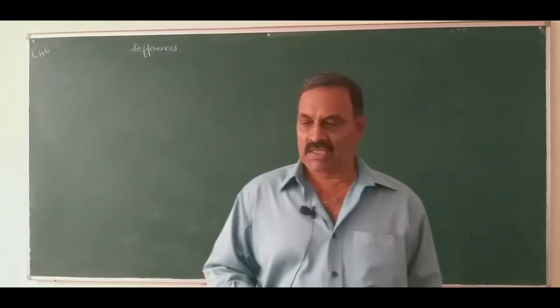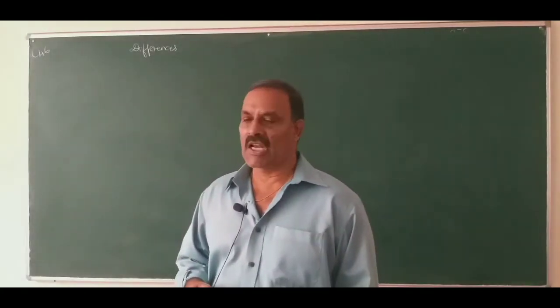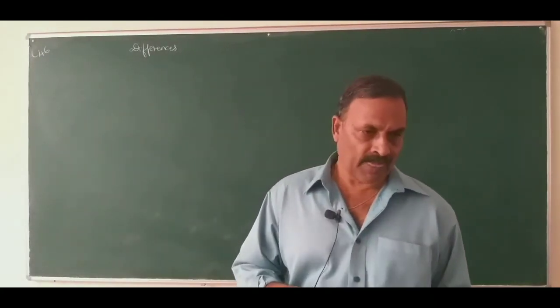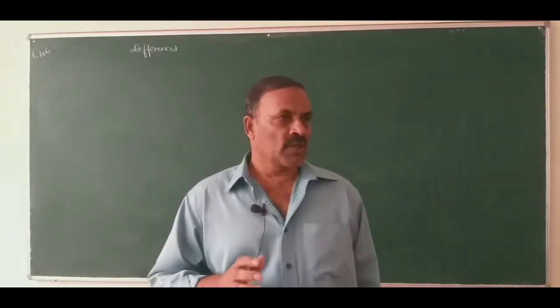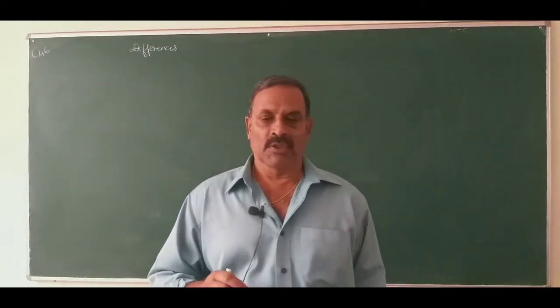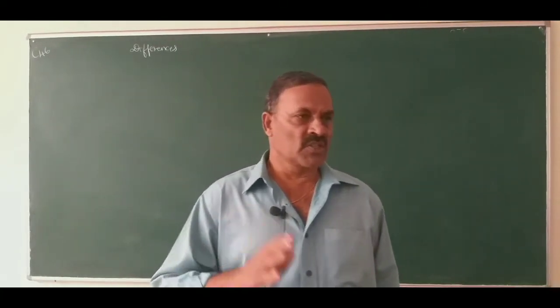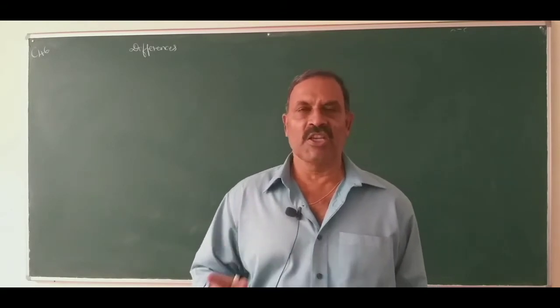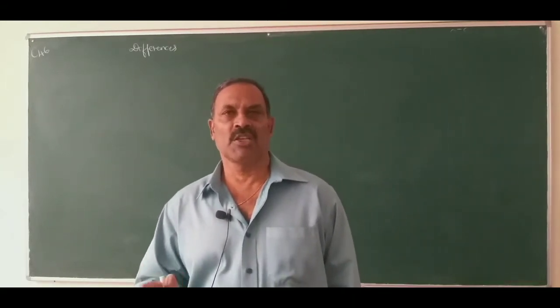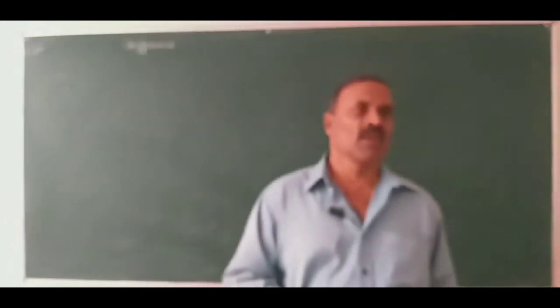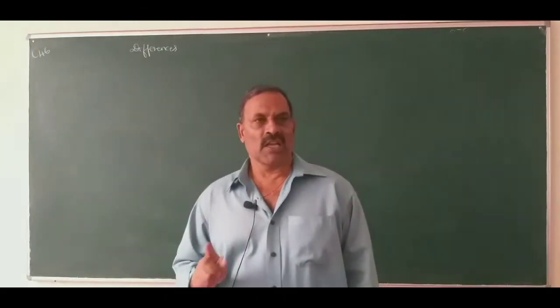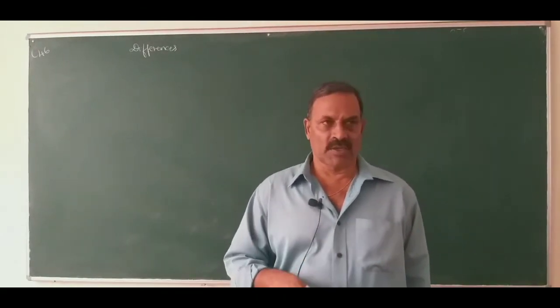Students, in the last class I told you what electrochemical cells are. Electrochemical cells are devices which convert electrical energy into chemical energy and chemical energy into electrical energy. In electrochemical cells there are two types.